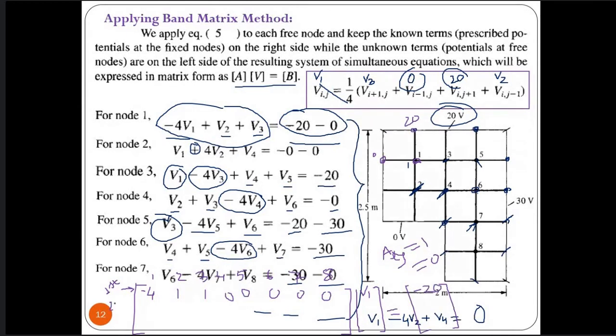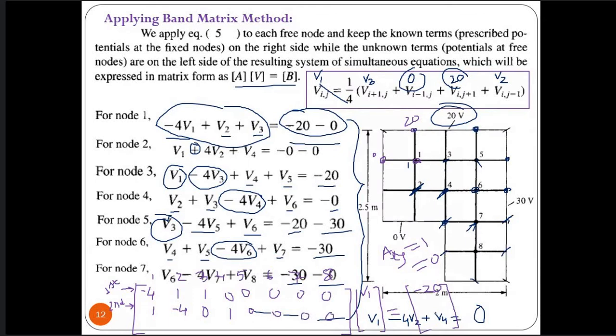Next, for the second row, I'll just stop at this point. First you will write down A22. A22 is minus 4. Next, the rest of the part. 2 is connected to 1, so it will be 1. 2 is connected to 4. 2 has no connection with 3, so 3 is 0, 4 is 1, and the rest of the elements will be 0.